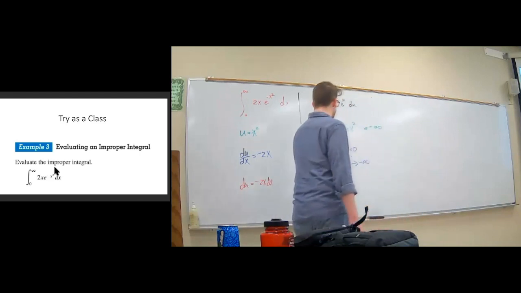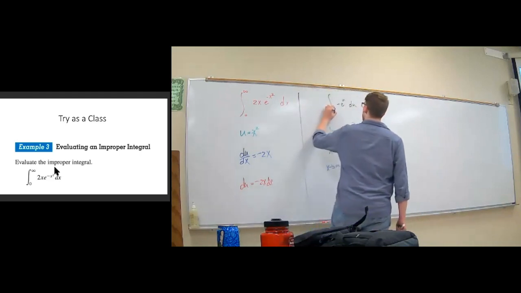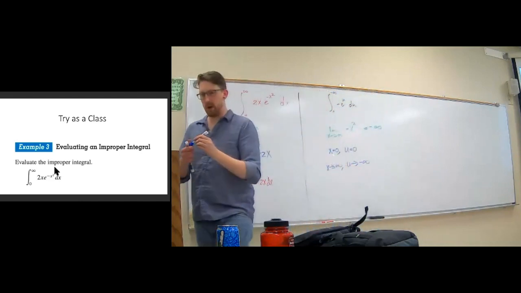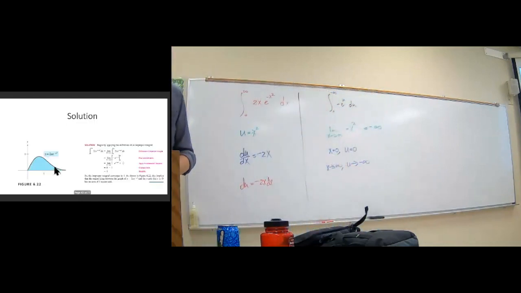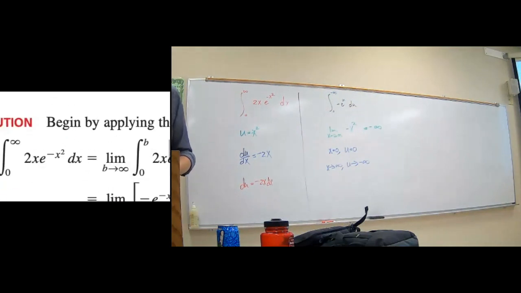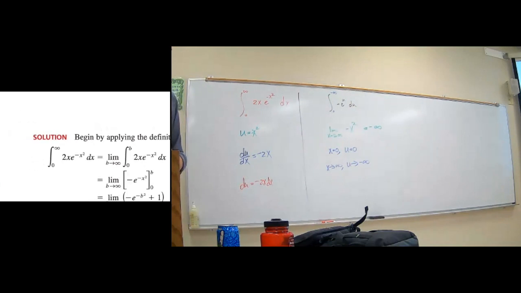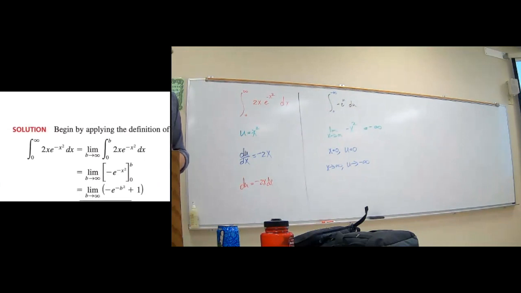So we rewrite this as the integral from 0 to negative infinity. Just gets a little weird here, I know. But a point I should make is they don't quite go about this the same way. I'm going to go about it this way.